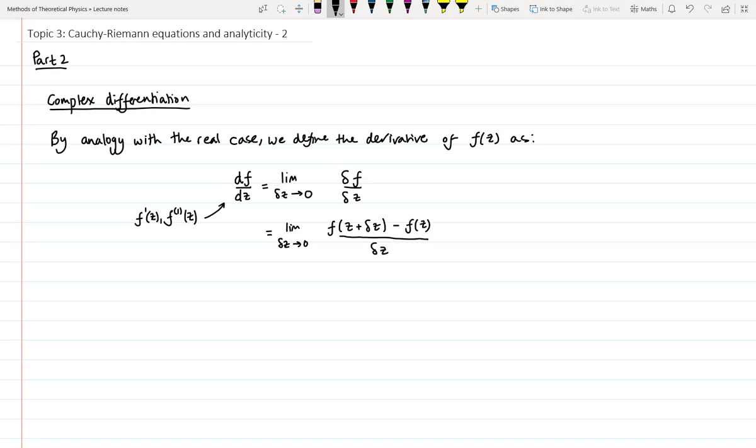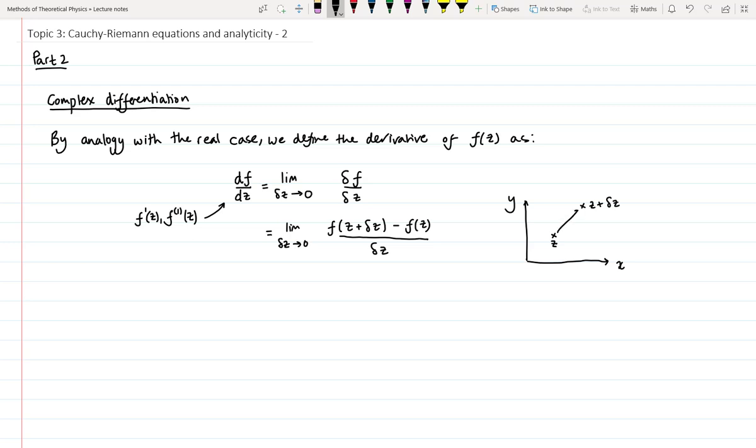And we can draw a picture to understand what we mean by delta z. In the complex plane, we have the real part x, the imaginary part y. Let's suppose that we're interested in finding the derivative at some point z. To do that, we'll be looking at the function value at z plus delta z.